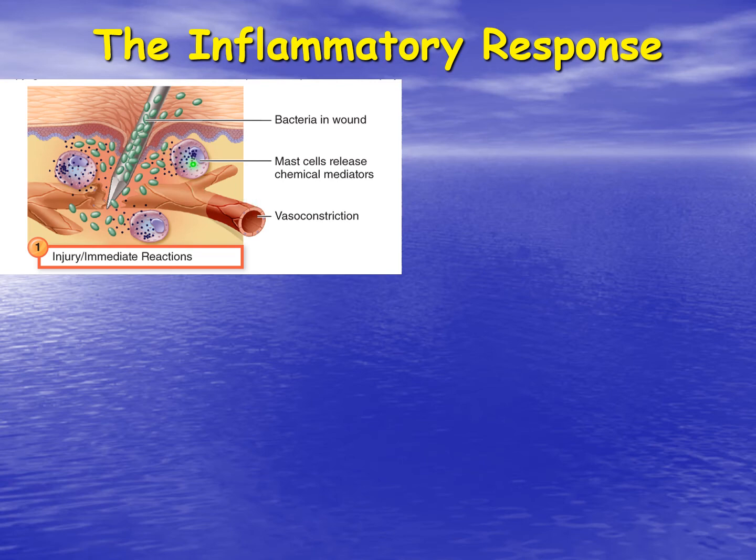The next thing, or almost the immediate thing that's going to occur as well, is in the connective tissues we have these mast cells. Mast cells are the driving cells of the inflammatory response. When we see injury, the mast cells are going to release and make a number of chemical inflammatory mediators that are going to do several things.